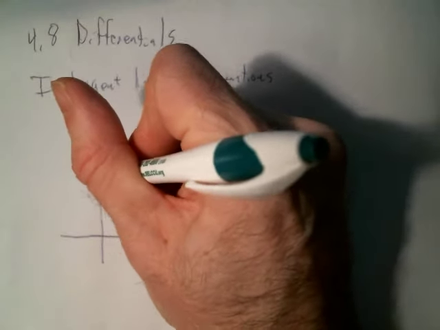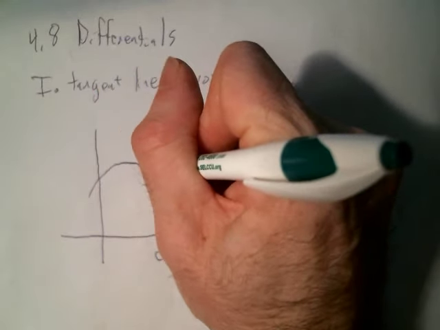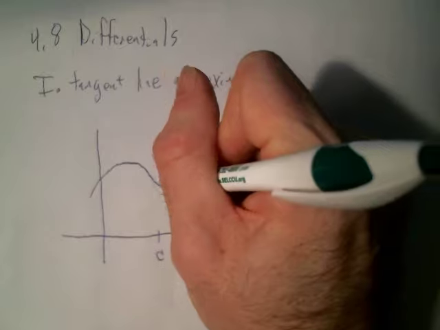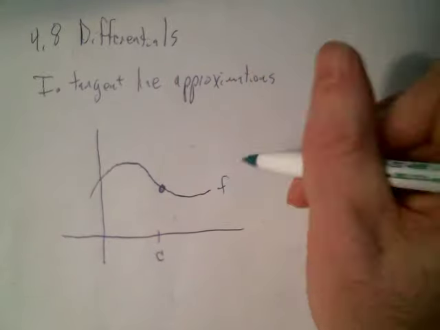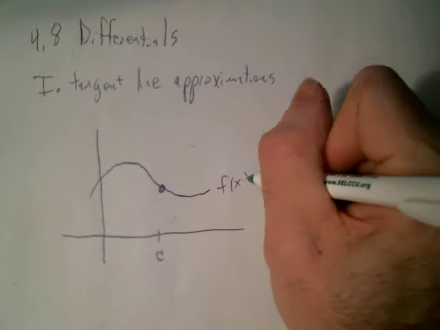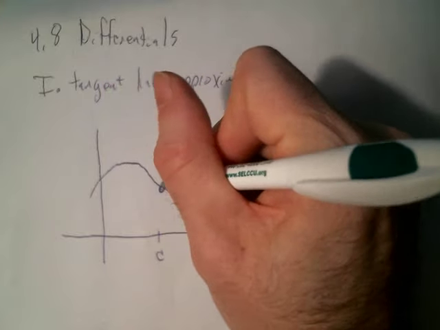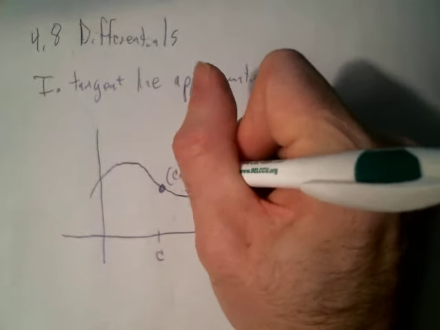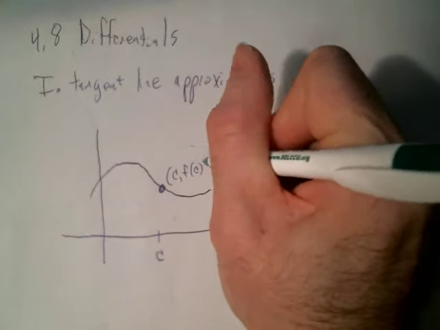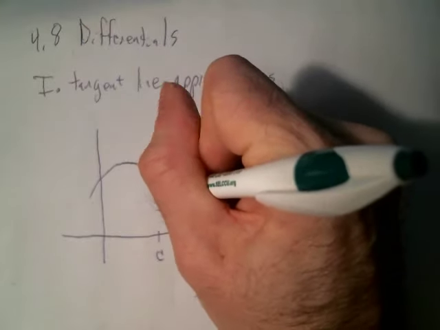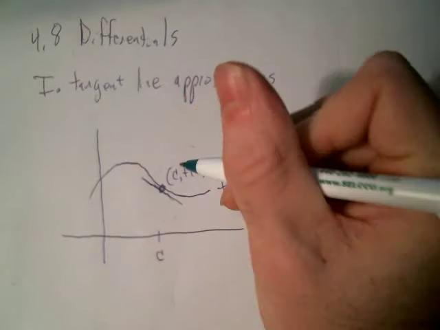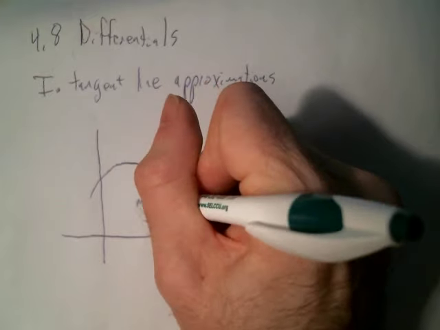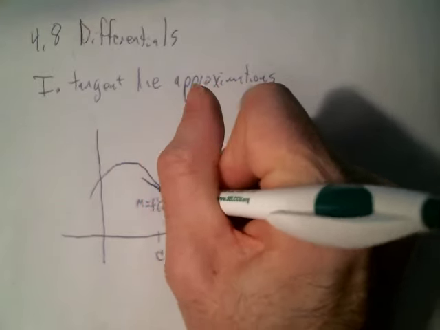We have a curve like this, called the curve f of x. And at this point here, we have the point c comma f of c. On top of that, we can consider the tangent line to that curve. We know its slope is f prime of c.